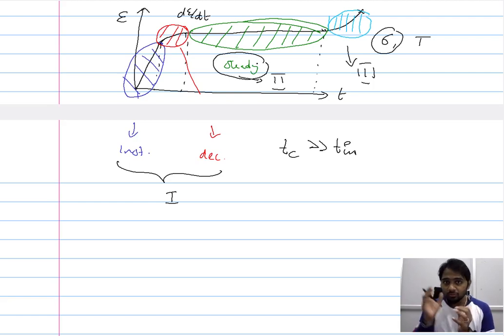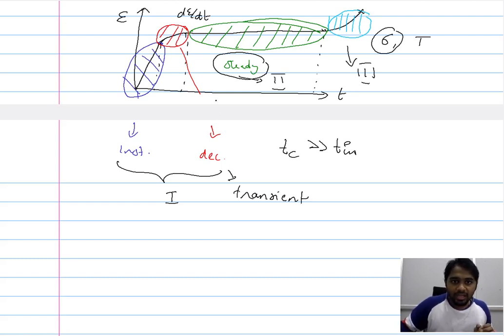Now, instead of the life of the material, if you are interested in understanding the strain exhibited by the material at high temperature, then your focus should be on stage 1, that is instantaneous creep, and the transient or the decelerating creep. This decelerating creep is also referred to as the transient creep because it acts as a bridge between the instantaneous and the steady state creep.